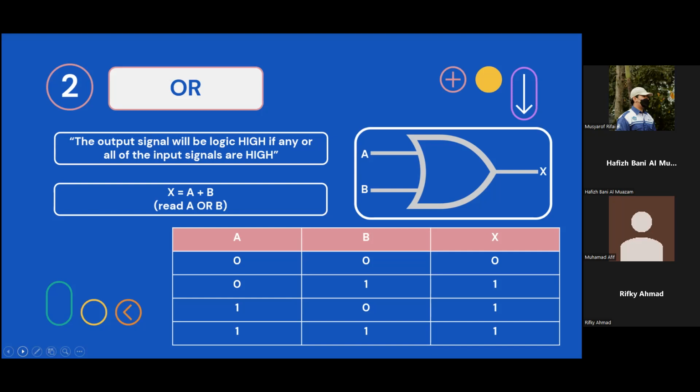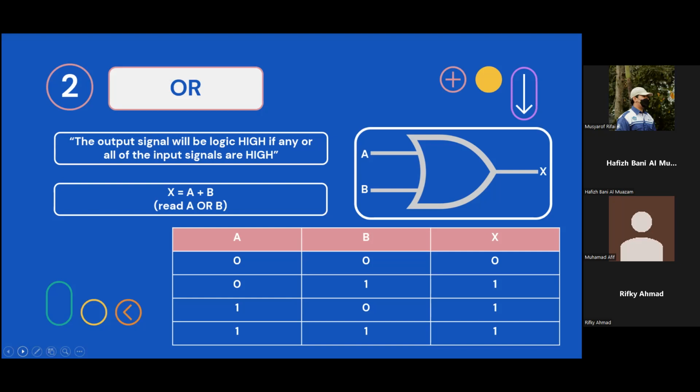The OR gate notation can be written A or B. On the right side is the OR gate symbol, and below is the truth table of the OR gate. For example, if value A is 0 and value B is 0, then value X is 0.